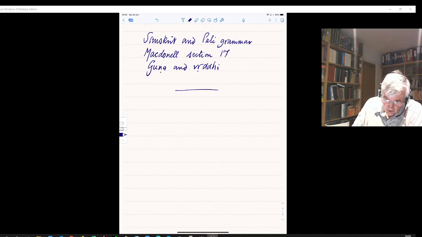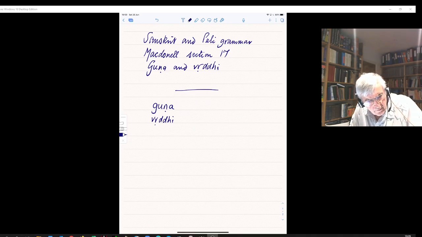First of all, the word Guna. Guna is the first grade, and vriddhi is the second grade. The word Guna originally means a string or a thread, used as the string of a stringed instrument. And then the thread that runs through something is its quality.